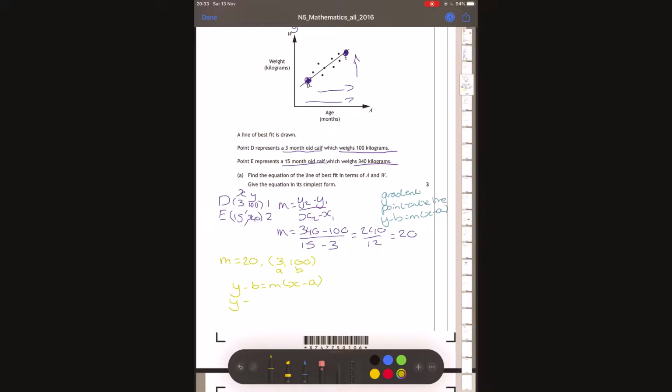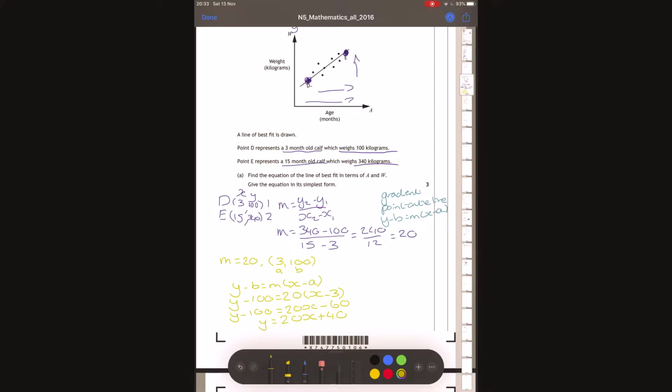Y minus what's b? 100 equals 20 bracket x minus 3. So y minus 100 equals 20x minus 60. Y is equal to 20x plus 40. And that is your equation of the line in its simplest form.